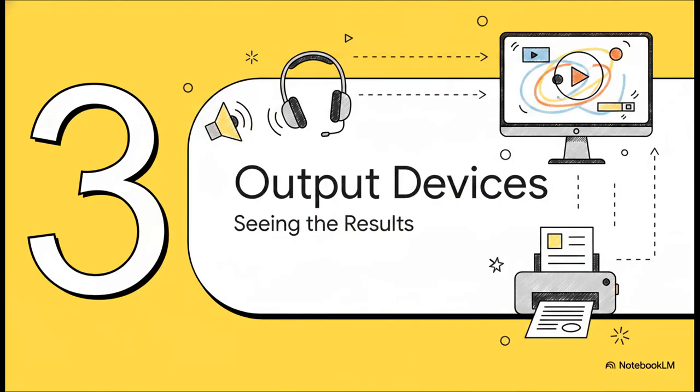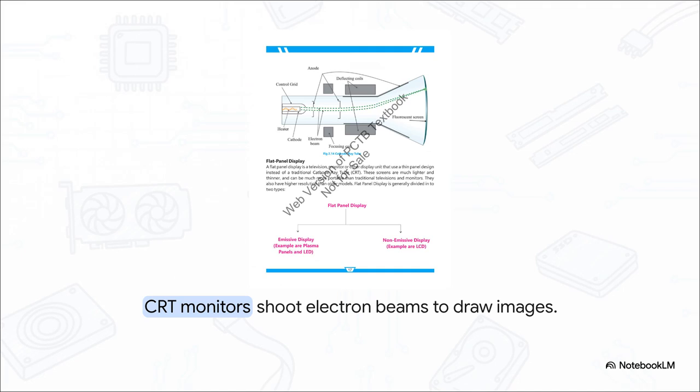Output devices. Seeing the results. After all that sensing and crunching numbers, output devices are how the computer talks back to us, presenting that processed data in a human-understandable form, whether that's a video on a screen, printed paper, or audio through a speaker. To really understand this, let's think about an older piece of tech, the cathode ray tube, or CRT monitor.